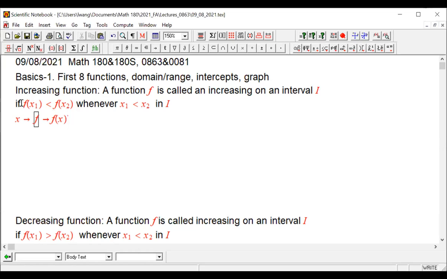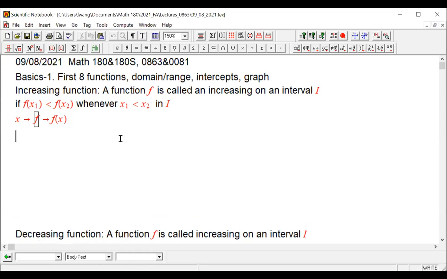And in that particular interval, whenever one input is smaller than the other, the respective output will also have the same relationship. So this is whenever. Okay, did you guys write it down? So that is what it means.